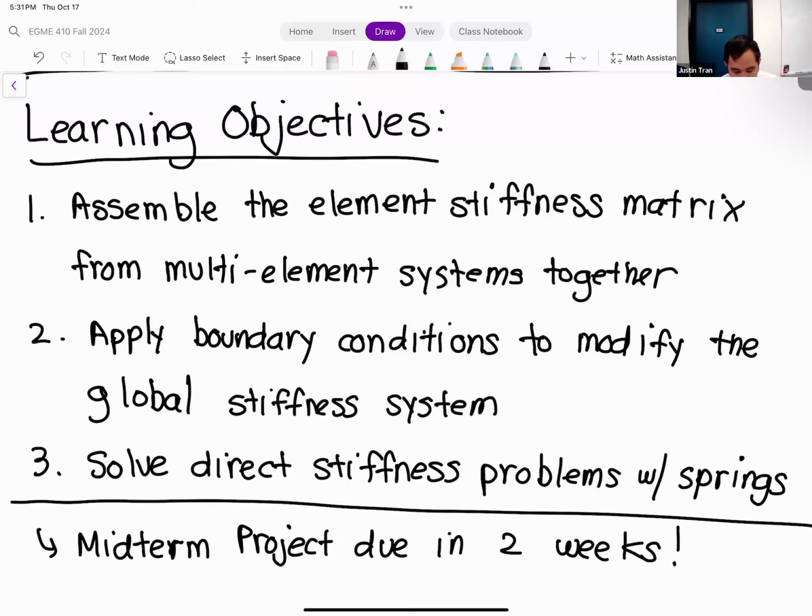One announcement I want to make. Activity 4 is due tomorrow, and your midterm project is due in about 2 weeks. If you haven't started on your midterm project, after you get activity 4 in, that would be a good time to start. I don't plan on assigning you anything until the midterm project is due, so the next 2 weeks are dedicated to the midterm project.